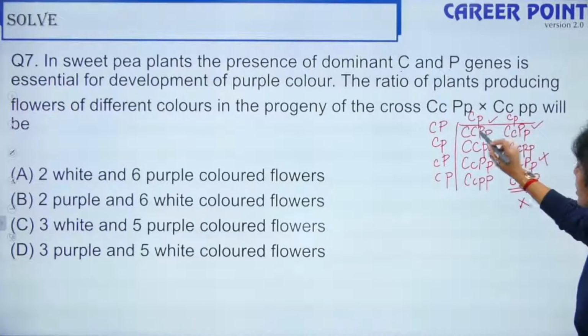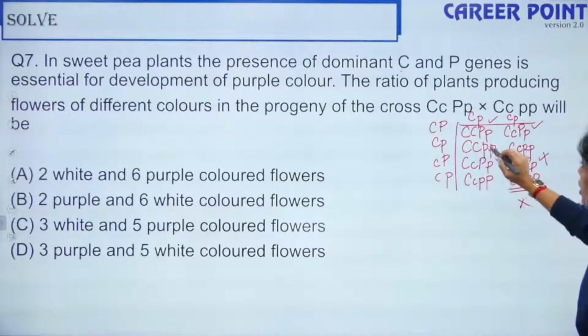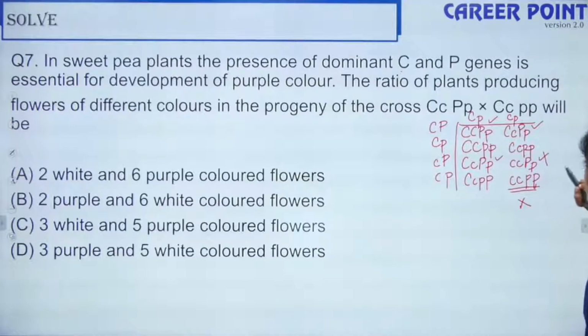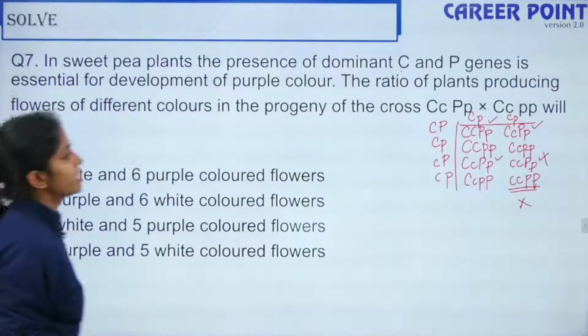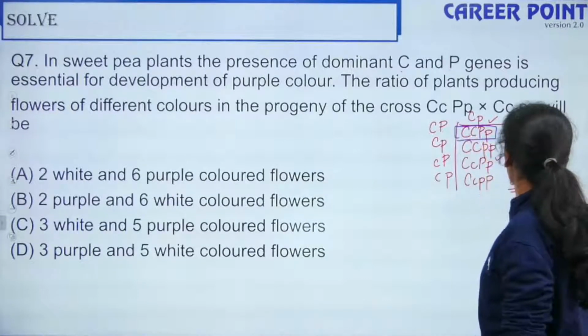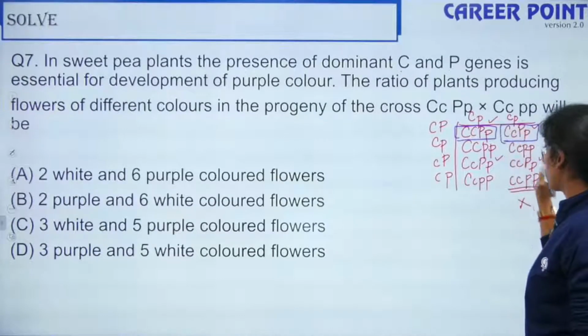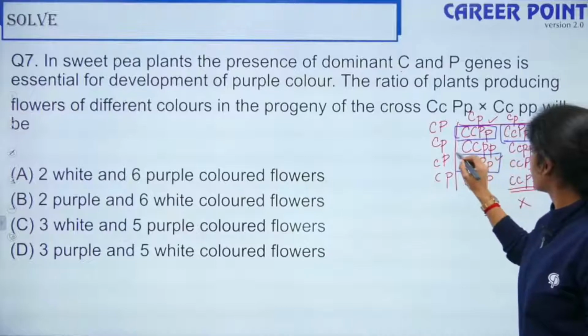So we have one capital C, one capital P, so this is purple. Here both are small p, so this is not purple. I will mark the purple in purple color so it's easy for you to understand. So this is one purple flower, this is one purple, so you have 2, and here we have one purple, right?